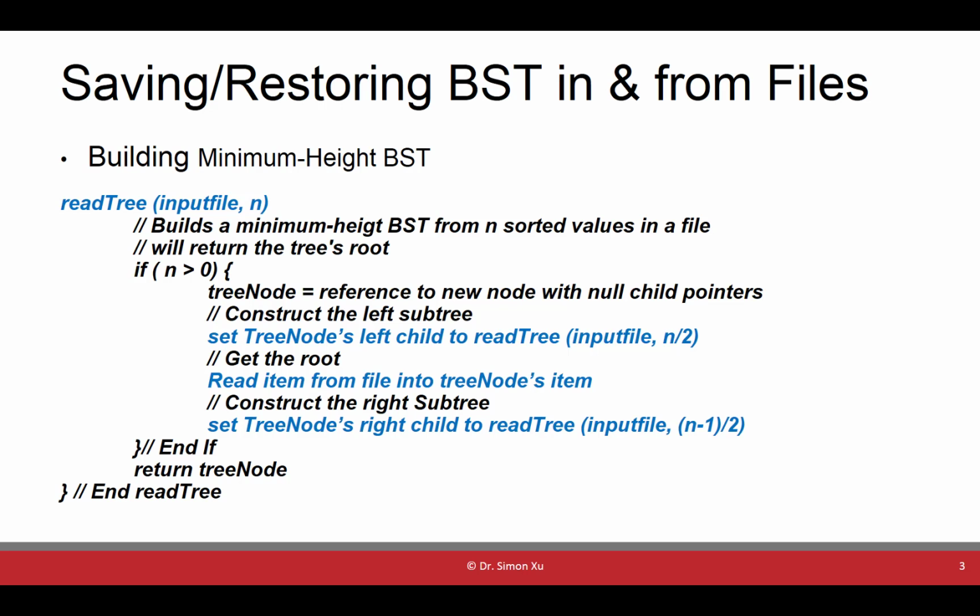If we want to save a binary search tree into a file and then restore it to a balanced shape, we need to perform in-order traversal to save the data in ascending order into the file, and then we perform insertion operation. But this insertion operation is different from the insertion operation of original binary search tree class.